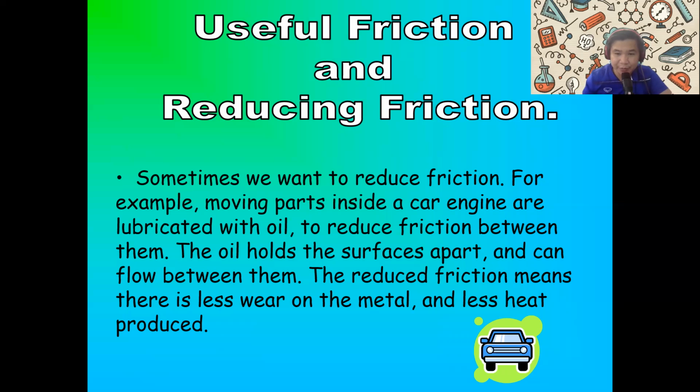Sometimes we want to reduce friction. For example, moving parts inside a car engine are lubricated with oil to reduce friction between them. The oil holds the surfaces apart and can flow between them. The reduced friction means that there is less wear on the metal and less heat produced. If you notice, your dad sometimes brings their car to a shop that changes the oil.